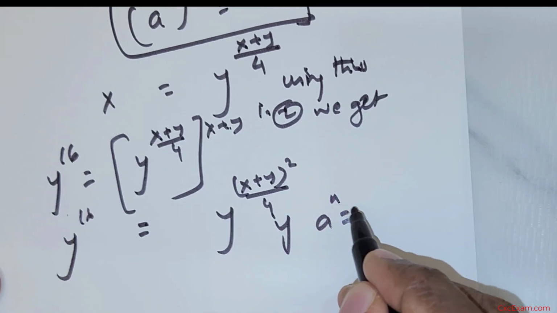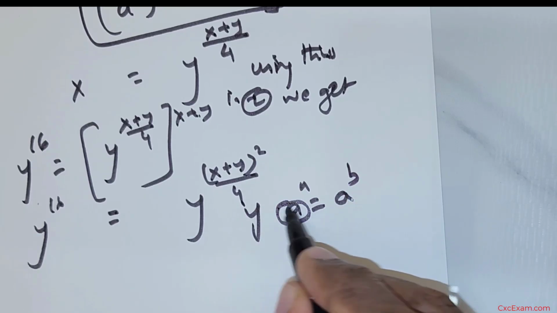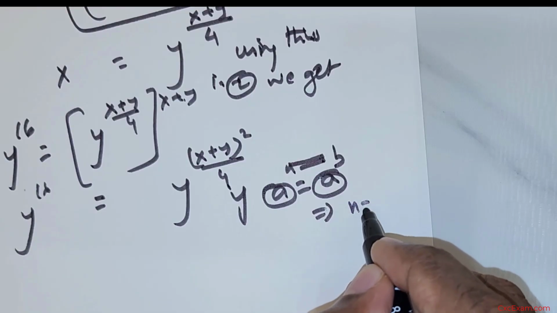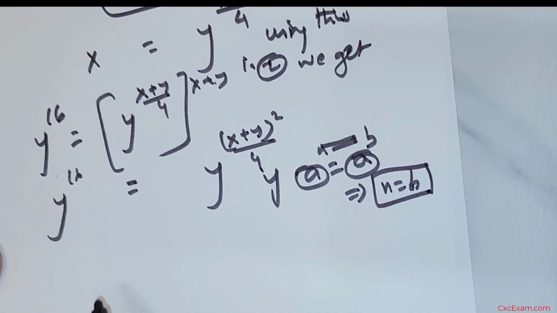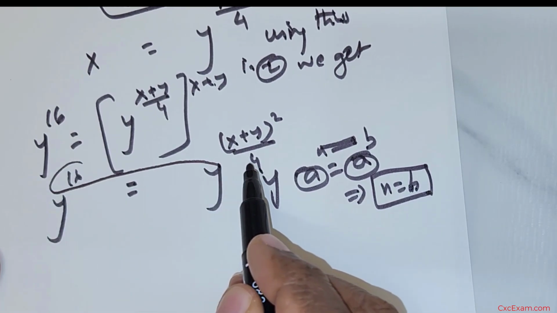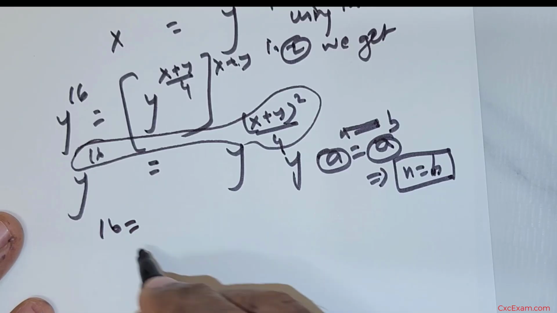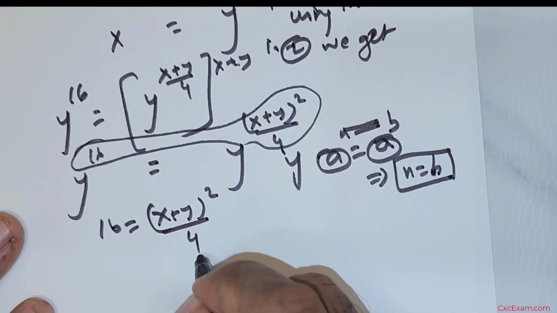Now if a^n is equal to a^b, the bases are the same. This means the indices can be equated. So this means n is equal to b. So now I can equate the exponents, the indices, ensuring that we get 16 is equal to (x+y)^2 divided by 4.